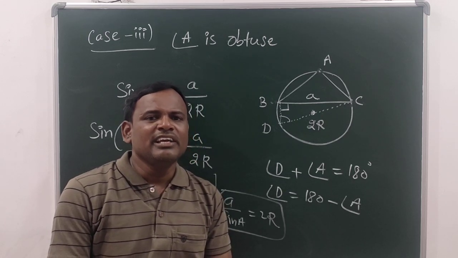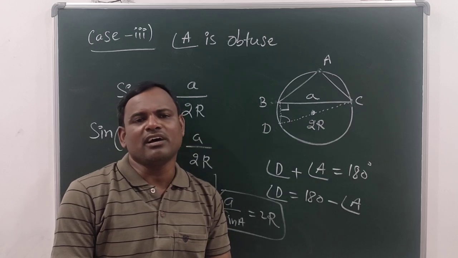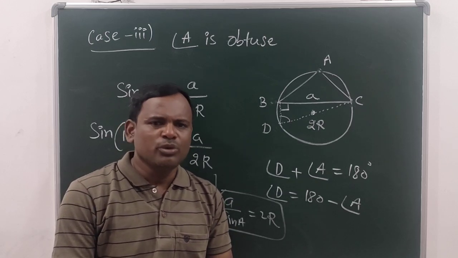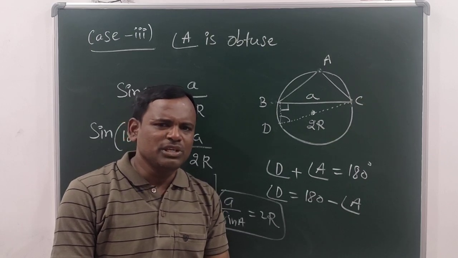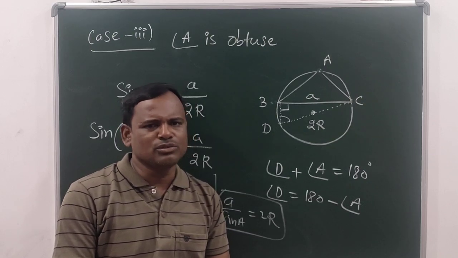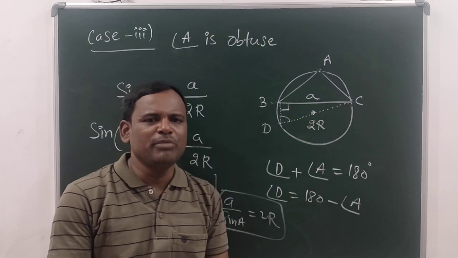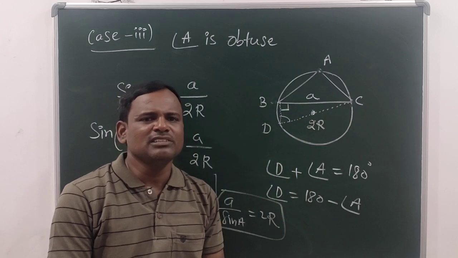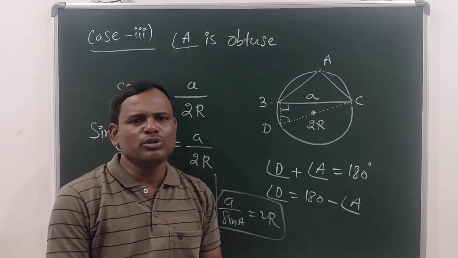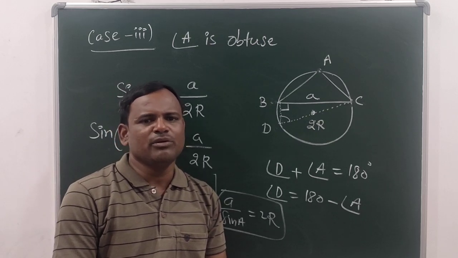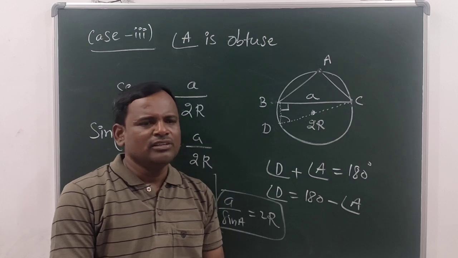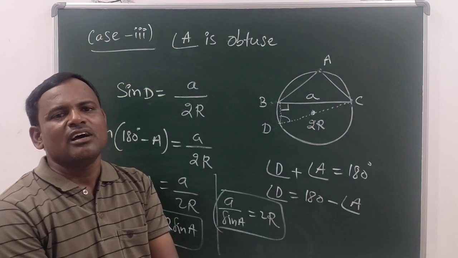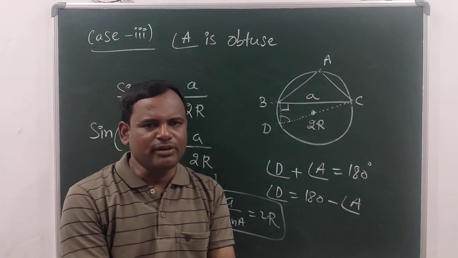So I got a by sin A equal to 2R in all these 3 cases. If you would like to prove b by sin B is equal to c by sin C equal to 2R also, you have to replace A by B, you have to replace A by C, so that you will get b by sin B equal to c by sin C equal to 2R. Okay. So this is the required proof of the sine rule.